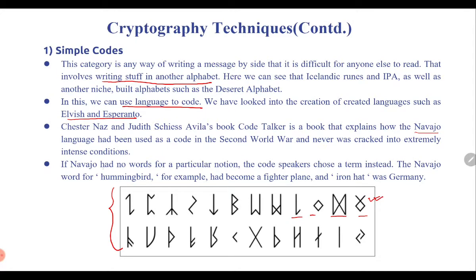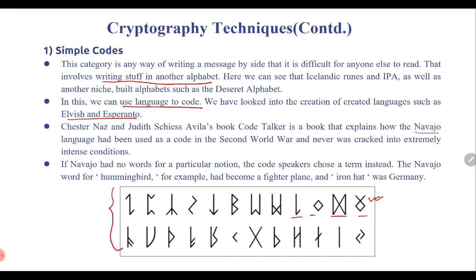If Navajo had no words for a particular notion, the code speakers chose a term instead. So suppose there were some words which cannot be represented in Navajo, so the code speakers chose some other words in order to represent those particular words which were not in the Navajo language.